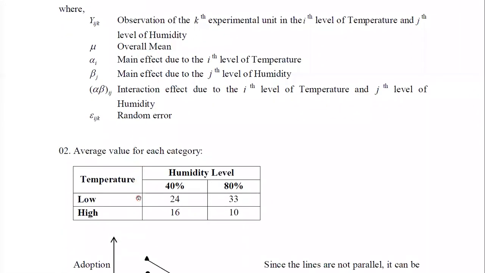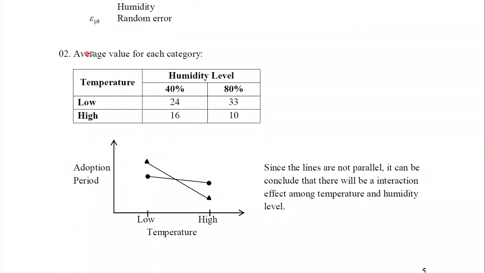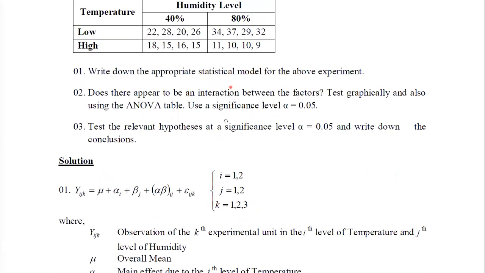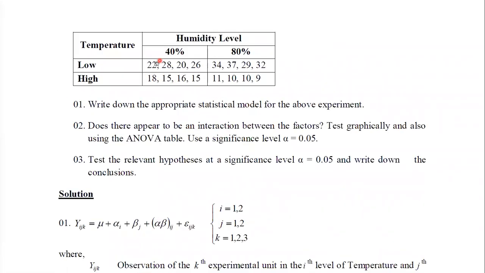In the second one, you can see the average value for each category. Here, for the four observations given, I have obtained the mean value for each combination.